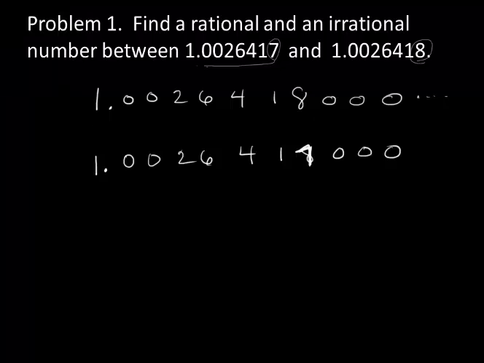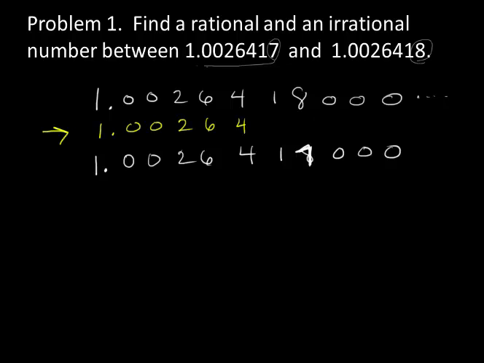Okay, so let's insert one in between. We know that it will have the same digits out to where the digits are different. And now I want it to be bigger than the number underneath and smaller than the one on top. So I'm going to have the digit 7 here. If I put 8, anything I put after it would make it bigger than the one on top. And now I could put any digit I want here.